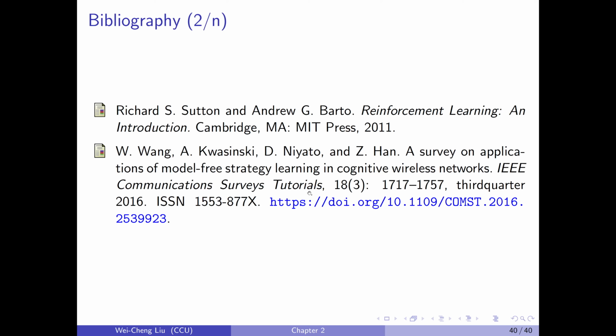Okay, this journal is ranked 1 in terms of impact factor among all the telecommunications journals, which was published in 2016.